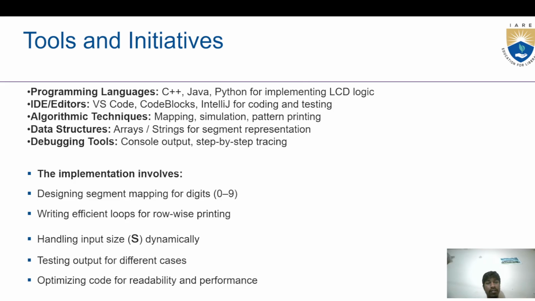Tools that we use in this program are C++, Java, Python for implementing the LCD logic, editors like VS Code, mapping techniques like hash map, simulation, etc. Data structures such as arrays, strings, etc. For the implementation, we design a segment mapping, write a for loop, and give a conditional statement inside the for loop.